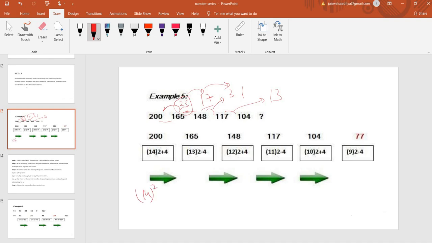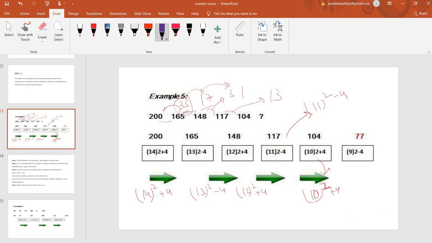It is 14 square plus 4, then 13 square minus 4, then 12 square plus 4, again 11 square minus 4, again 10 square plus 4. Okay, no need to write it now.